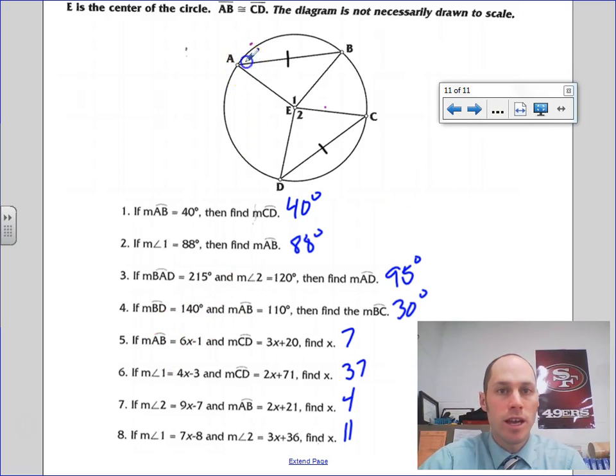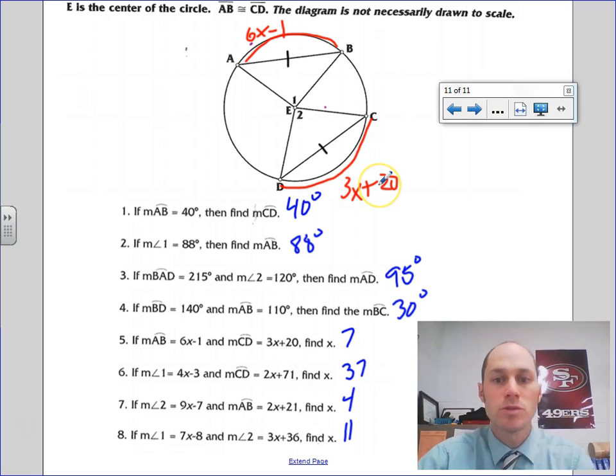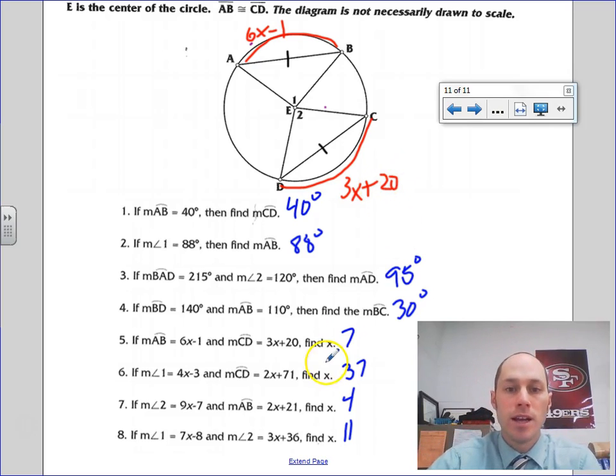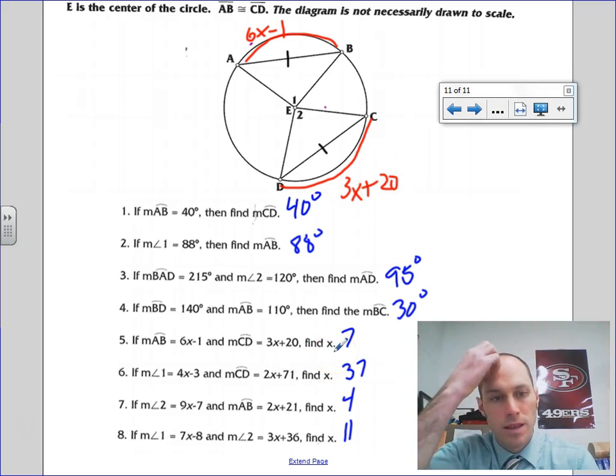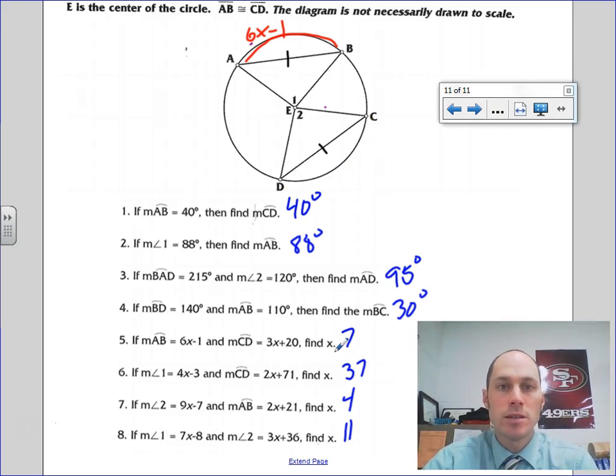If measure of arc AB is 6x minus 1, and CD is 3x plus 20, well, I know those two arcs are the same, so I can set an equation. 6x minus 1 equals 3x plus 20. And then I solve for x. 6, 7, 8 are very similar to that. Number 6, I have measure of angle 1 and measure of arc CD.